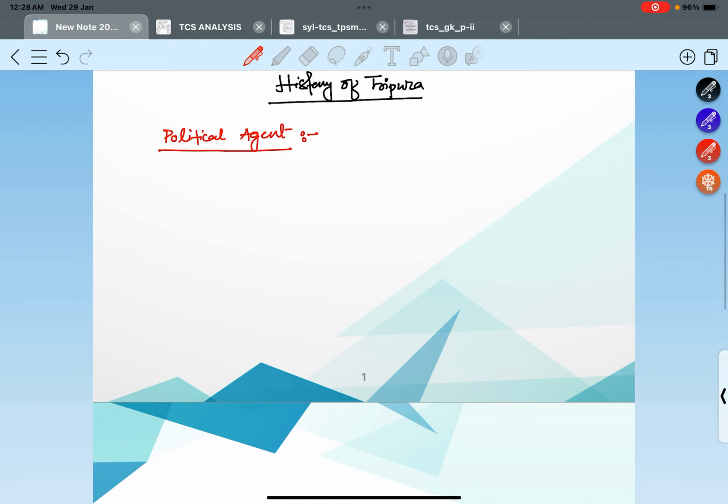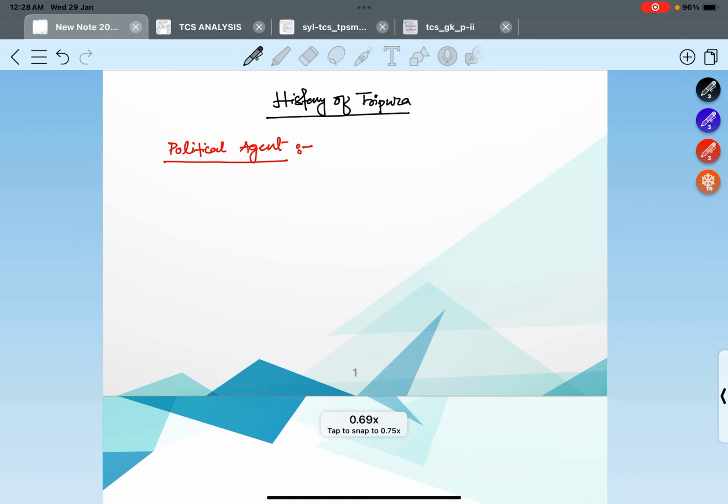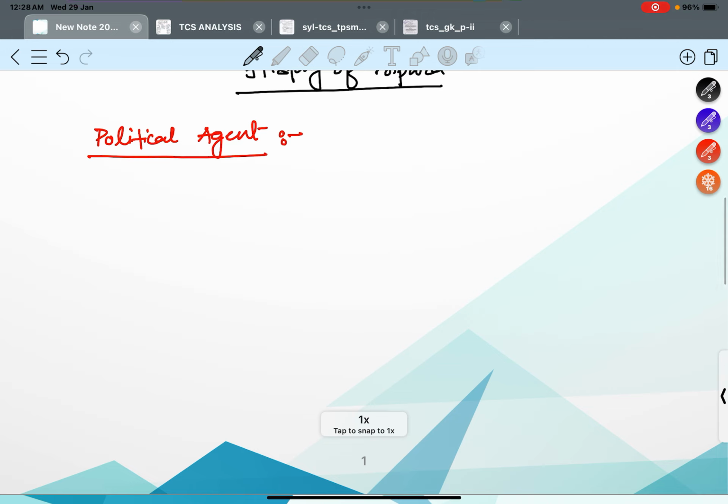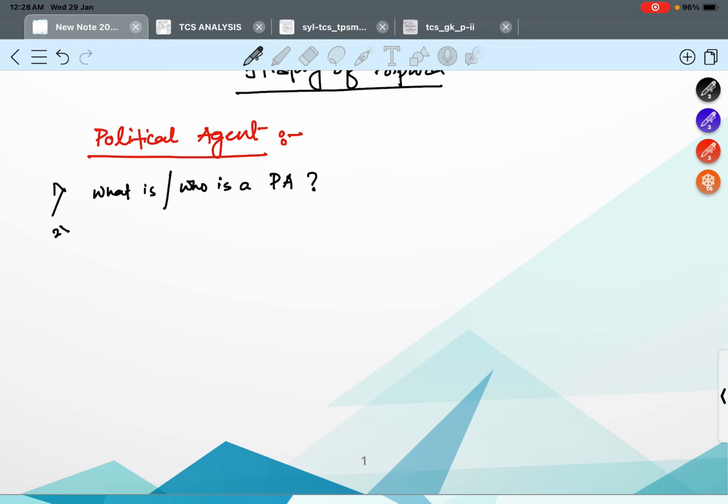So the very first question is, what is or who is a political agent? You have to know this. Next you should know why the political agent was posted in Tripura.